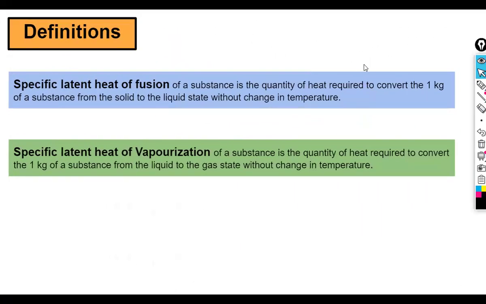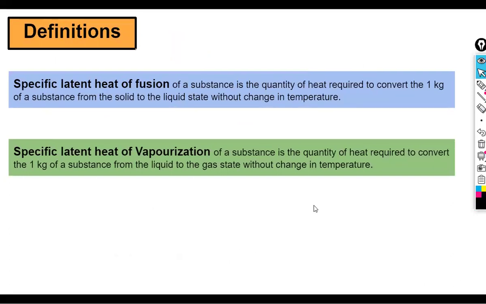Right. So now is the definitions of specific latent heat of fusion, right? Remember, the latent is the one where there's no change in temperature, just a change in state. Fusion is the one that involves solid to liquid or liquid to solid. In other words, they only involve solids and liquids.